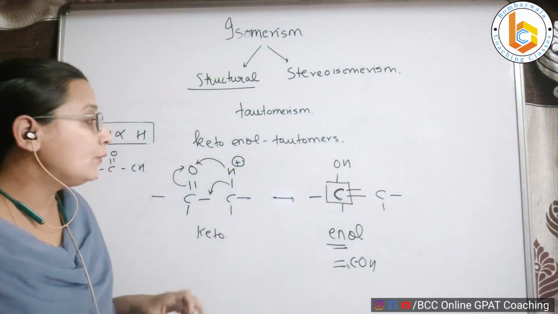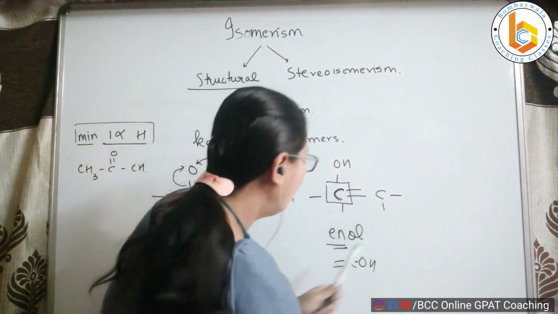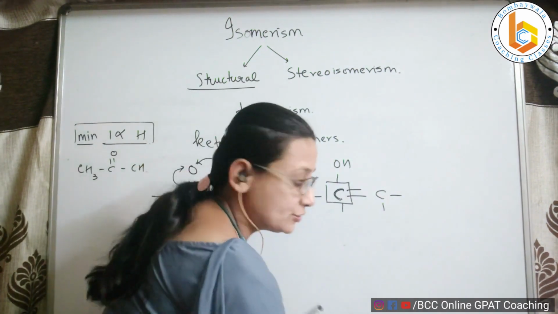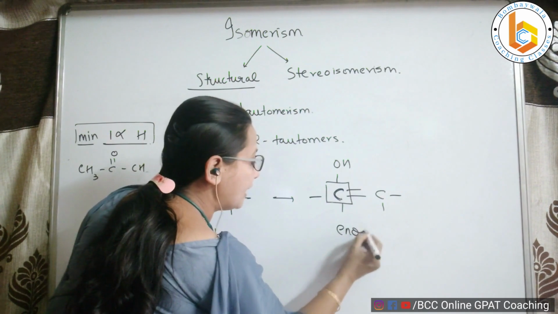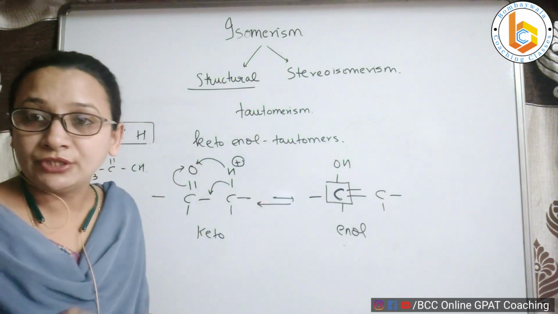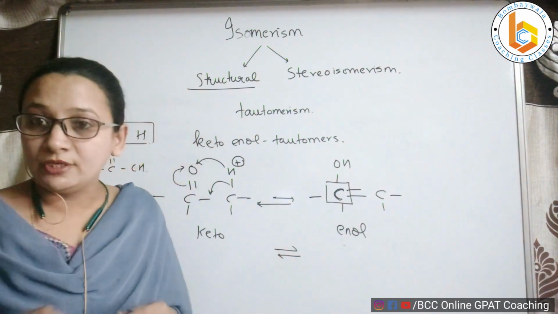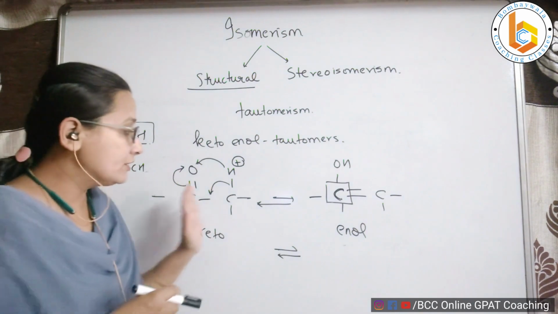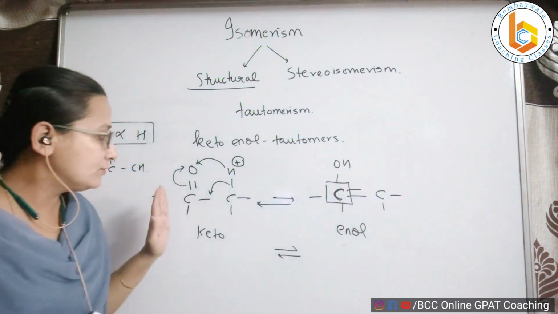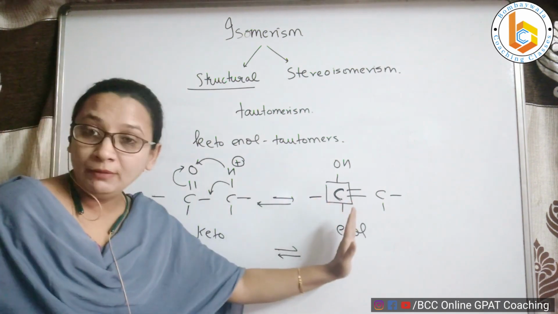Correct? So this is referred to as keto-enol tautomerism, and my dear students, this is a reversible reaction. It goes like this. देखिए हमेशा हम जो रिवर्सिबल रिएक्शन है ना, उनको ऐसा दिखाते हैं, equal arrows on both the sides. ये भी रिवर्सिबल रिएक्शन है, लेकिन most of the time the enol will become keto.